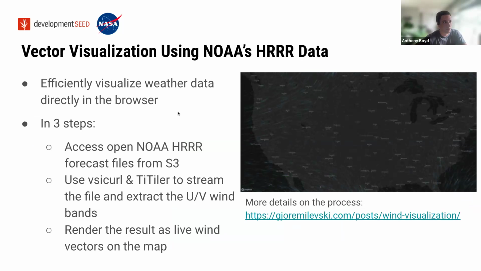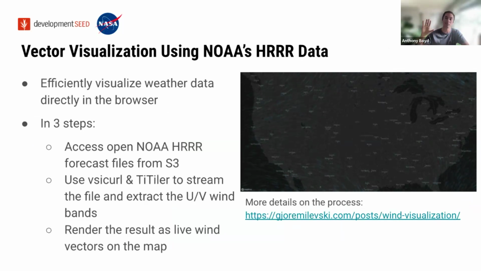Well, let's dive a little bit deeper into one part of the tool that we built, because I think it will help show some of the reusability of these open source tools that we built. And I mentioned this in the demo, but vector visualization using weather data. Now in the Fire Event Explorer, like I said, we're using NOAA's data here, and we're trying to show wind speed and direction. The cool part of how we built that, though, is it can really be reused with any weather data.